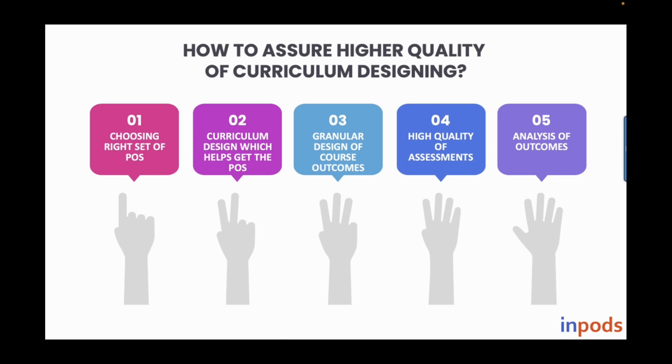We will look at the program outcomes and course outcomes designing, and assessment designing. I will not be able to cover points number 4 and 5 here, but in the time that is remaining in the session, I'll try to cover at least the framework for course outcomes designing.